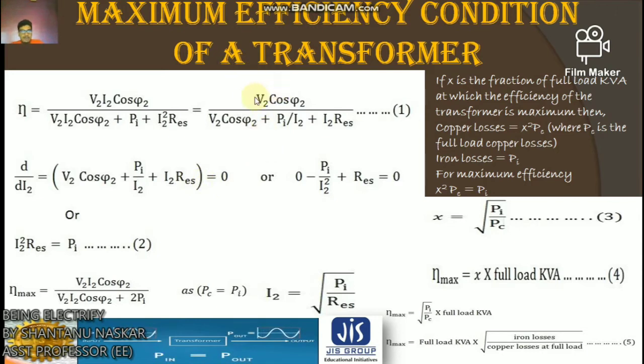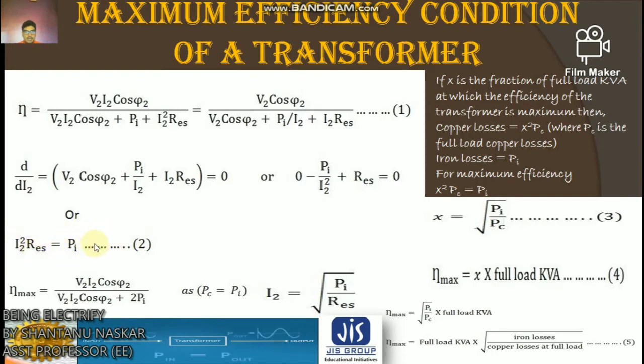Now from here we can write 0 minus Pi by I2 squared plus Res equals 0, or I2 squared Res equals Pi, which is equation number 2. From here we can conclude that copper loss equals iron loss.